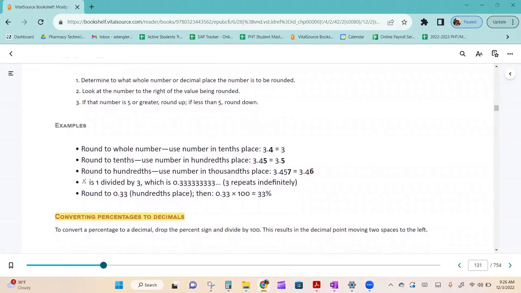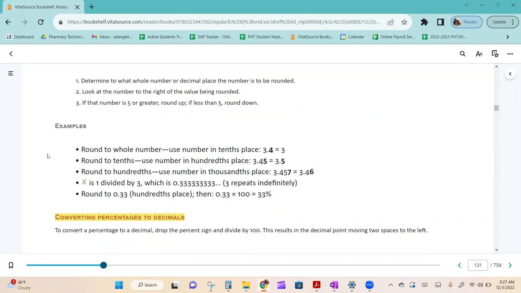So for instance, in this first example, we have round to a whole number. They had the number 3.4. Using these rules, they wanted it to be a whole number. Next to the 3 is a 4, so we would round down. So that would be 3.